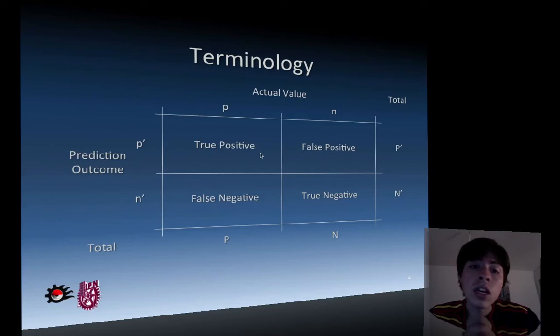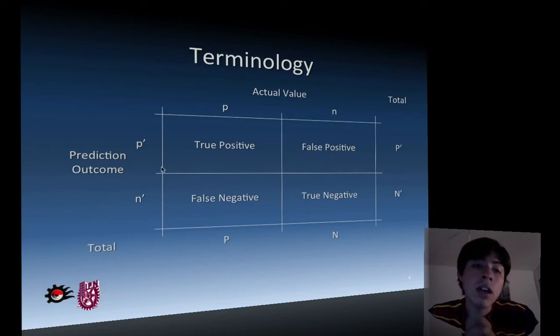But if we say that the patient has the disease, but in real life the patient doesn't have it, then we're talking about a false positive, because the patient doesn't have the disease.